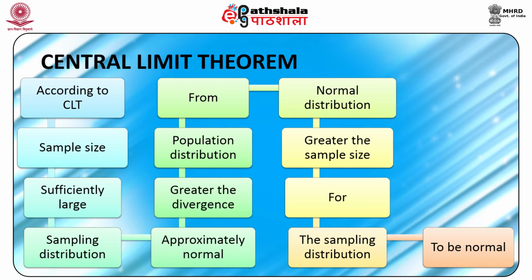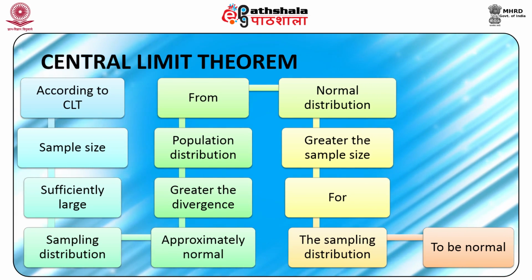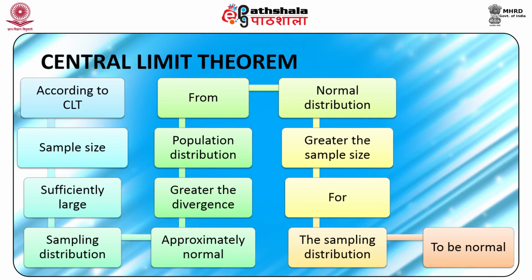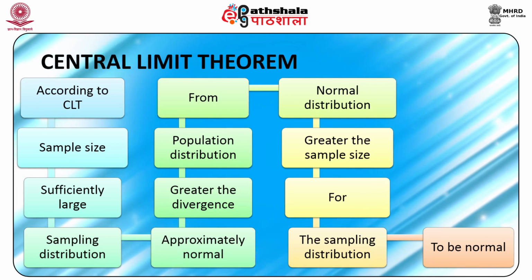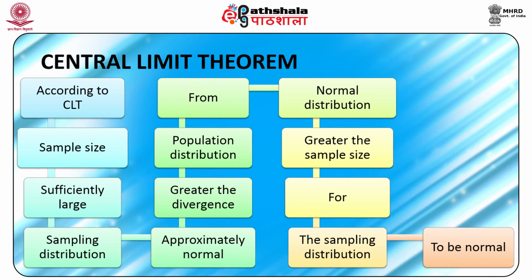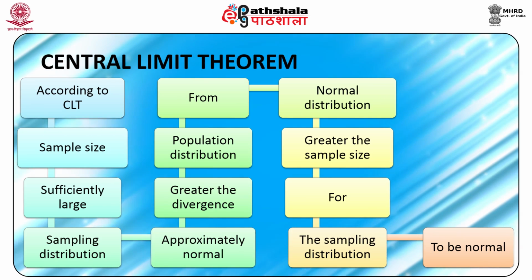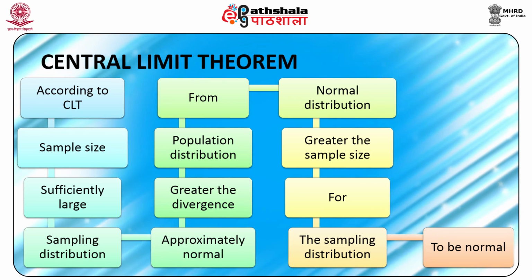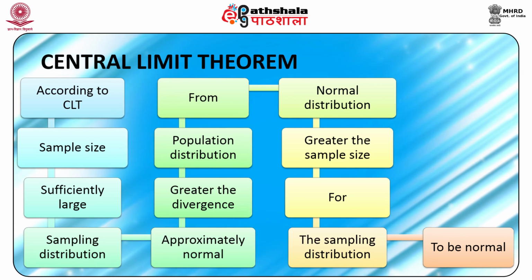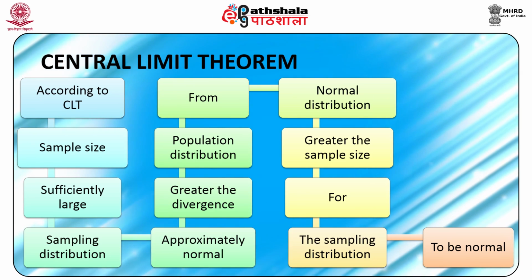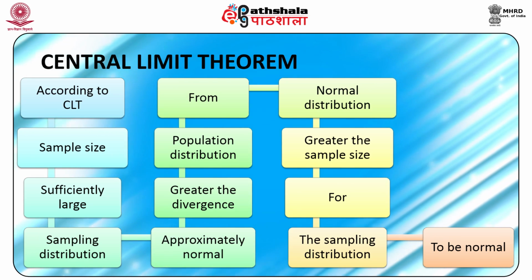Let us now talk about the central limit theorem, which extends these results to cases of known normal distributions or for unknown distributions. According to the central limit theorem, which is also denoted as CLT, if sample size is sufficiently large, then sampling distributions will be approximately normal.